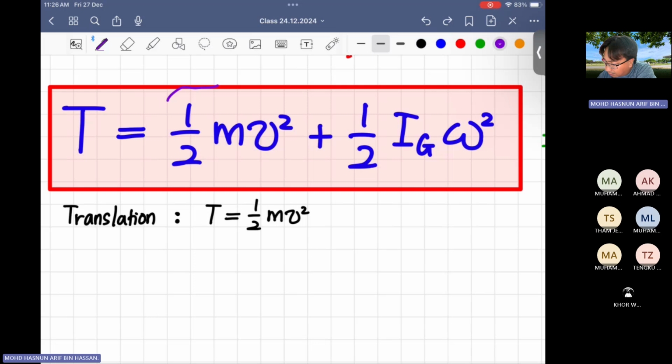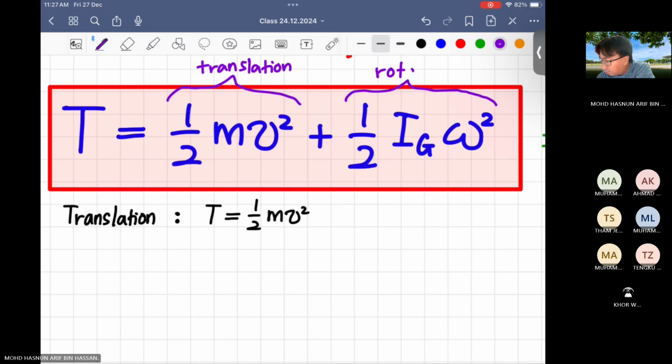This is the translation component. And this is the rotation component.